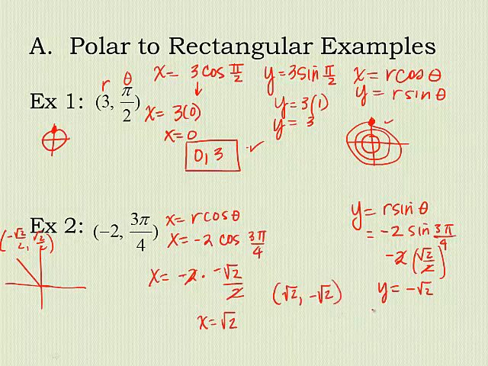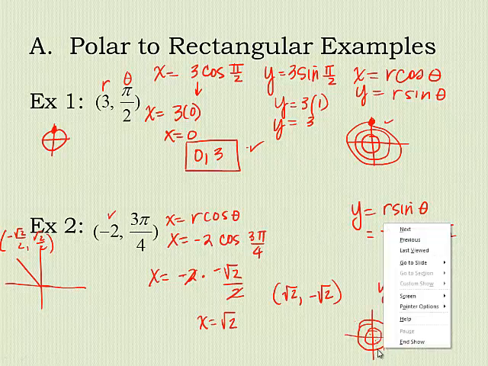All right? And if I graph that, square root of 2 is like 1.4. So somewhere between 2. So if this was negative 2, I find 3 pi over 4 and I go backwards 2 units, right? That's what I would do if it was polar.